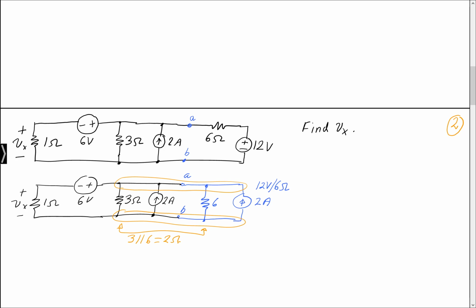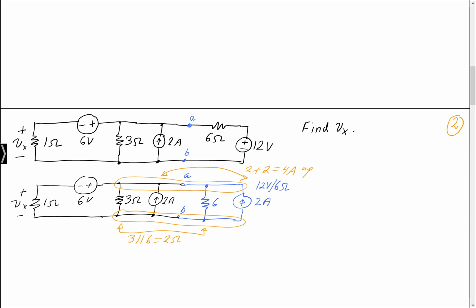Their net effect is to push a total of 4 amps to the top. So I can replace these two current sources with 2 plus 2, 4 amps up.